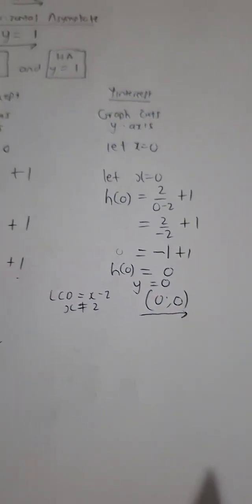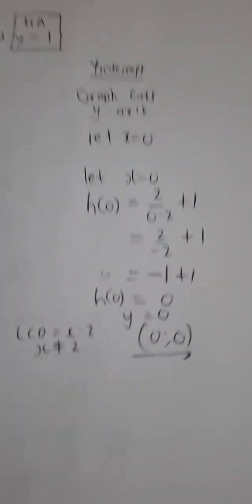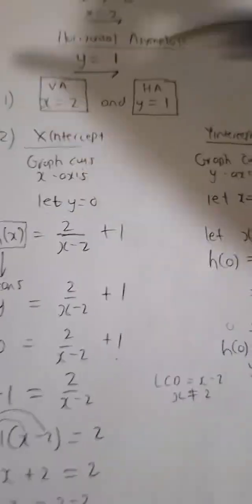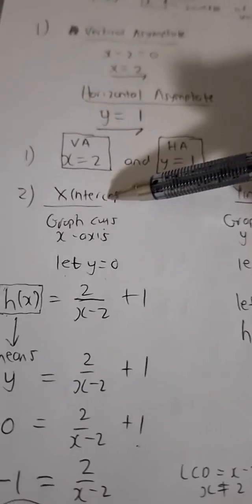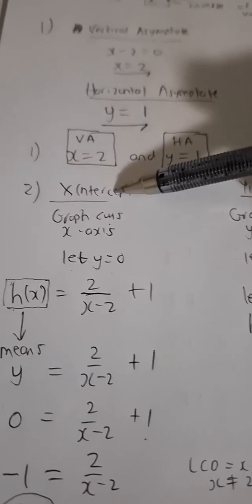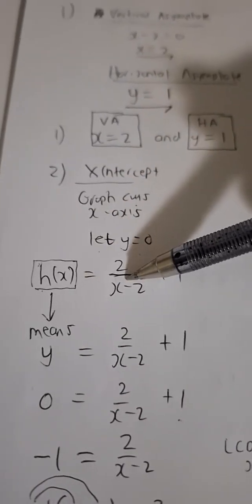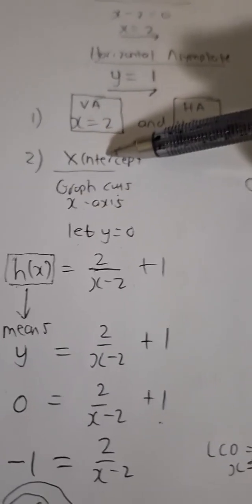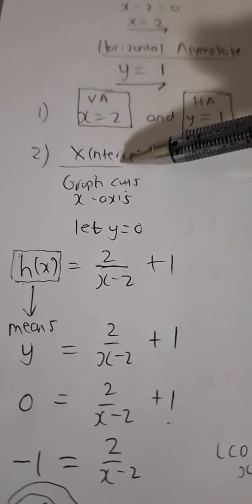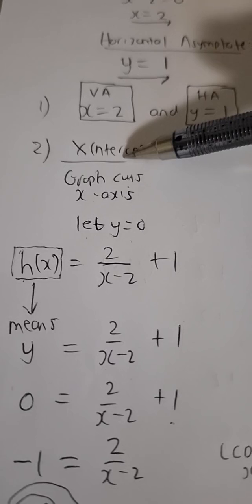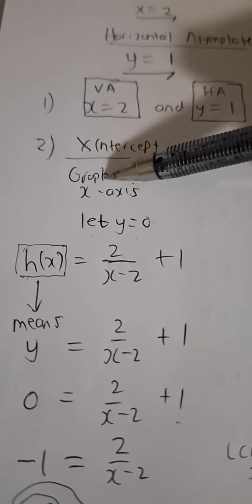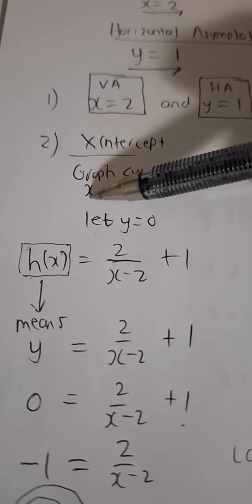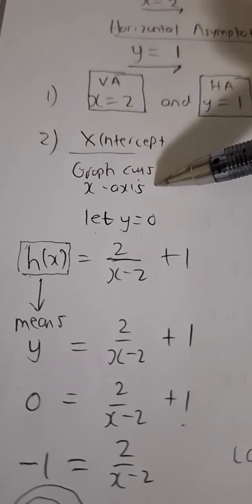Okay, so just as we relook at what I've just done, if we go back, remember I said I want the x-intercept of this function. What is the x-intercept? The x-intercept is simply where the graph cuts the x-axis.